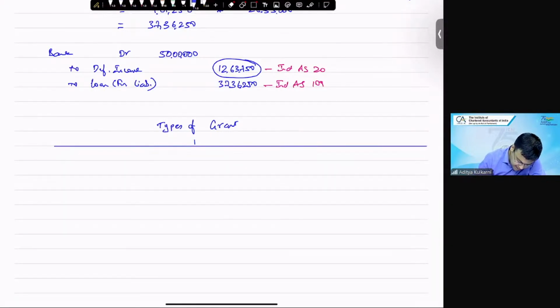Grants can broadly be divided into two types. It is a transfer of resources. So it could be monetary grant or it could be non-monetary grant.